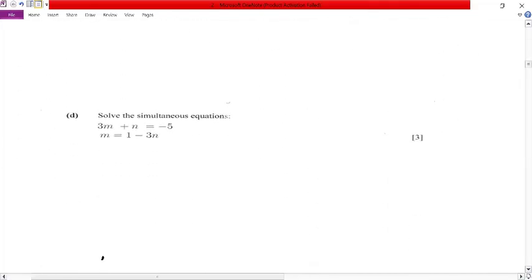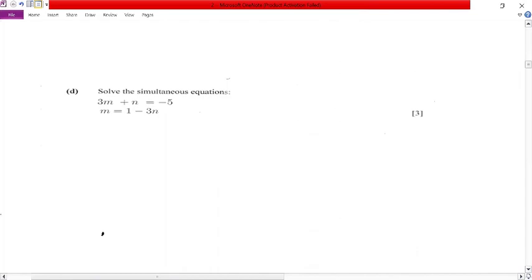We move on to the next question, which is a simultaneous equation. The first thing that we want to do here is to write the first equation just as it is. So it's 3m plus n is equals to minus 5.